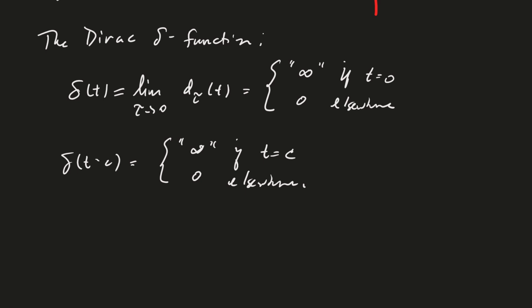Okay, so let's take a look at some properties of this weird function. So first off, let us take a look at the integral before we do any limits. The integral of delta of t minus c dt is equal to the limit as tau goes to 0 of the integral from minus infinity to infinity of d sub tau. I'm pulling the limit out already.